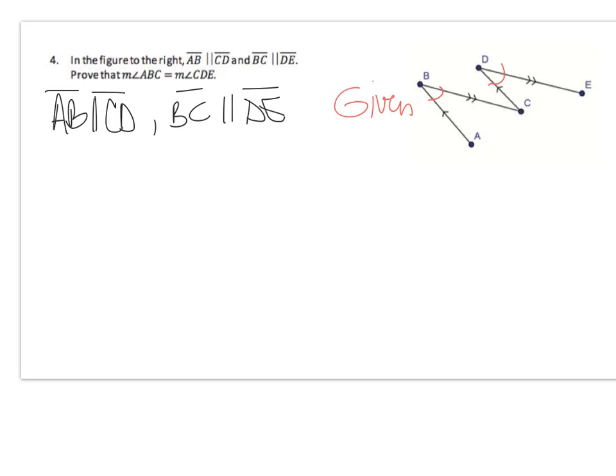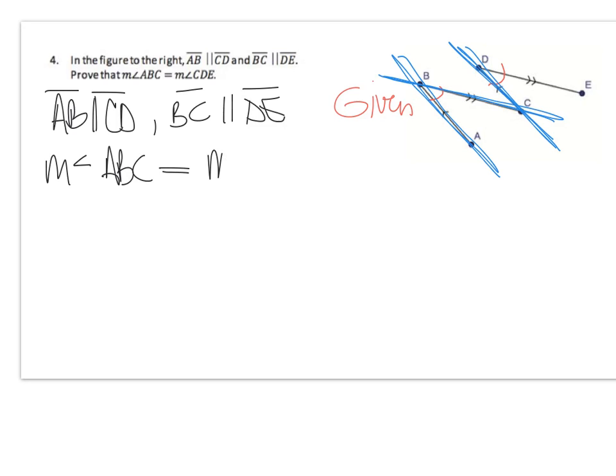Let's see. I think I want to look at those two parallel lines and this transversal. So if I make those two parallel lines and that transversal, I can say the measure of angle ABC is equal to the measure of angle DCB. Let's mark those arcs.